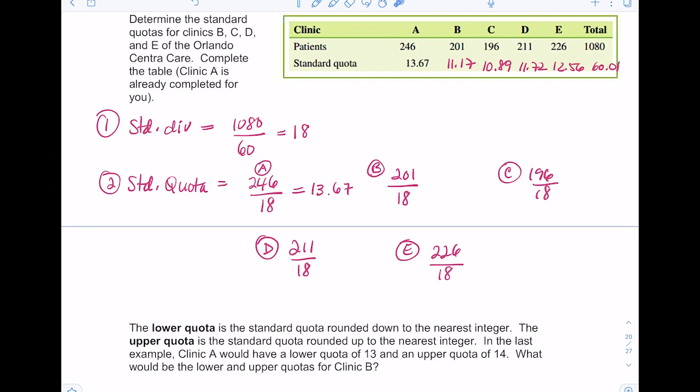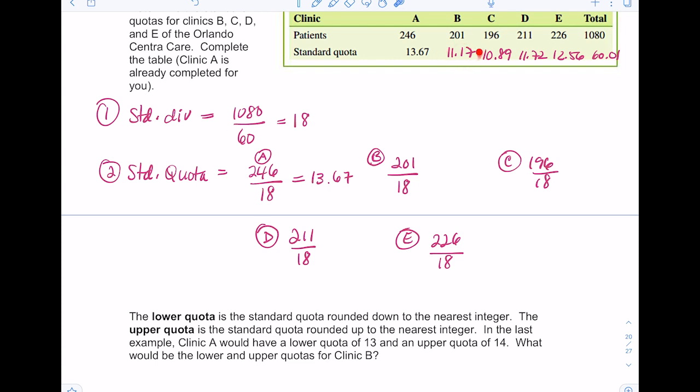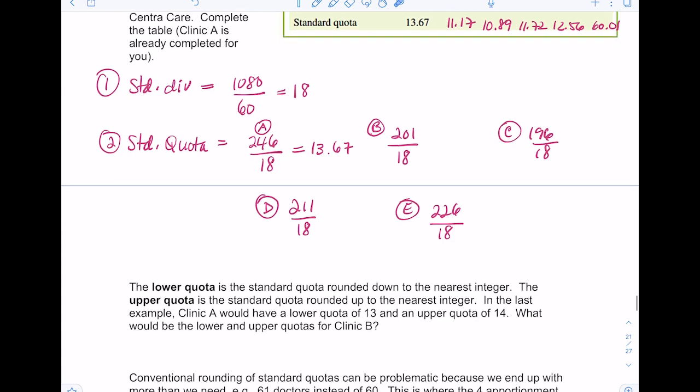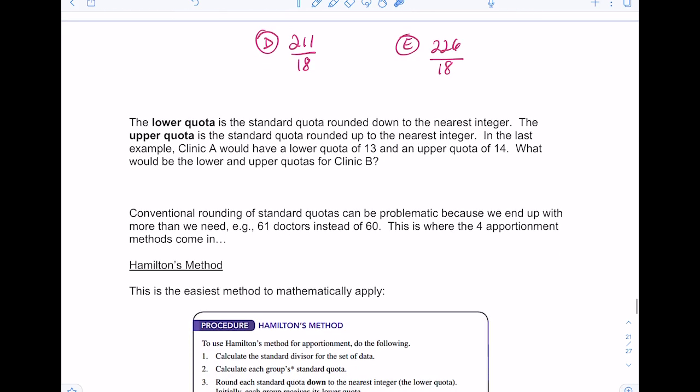For Clinic B, the lower quota would be 11 and the upper quota would be 12. Conventional rounding of standard quotas can be a problem because we can end up with more than we need, like 61 doctors instead of 60.